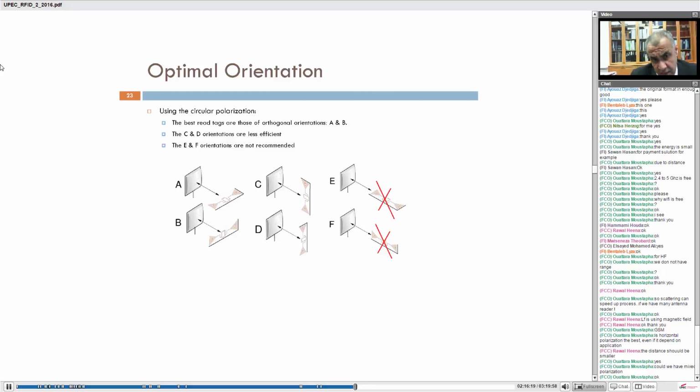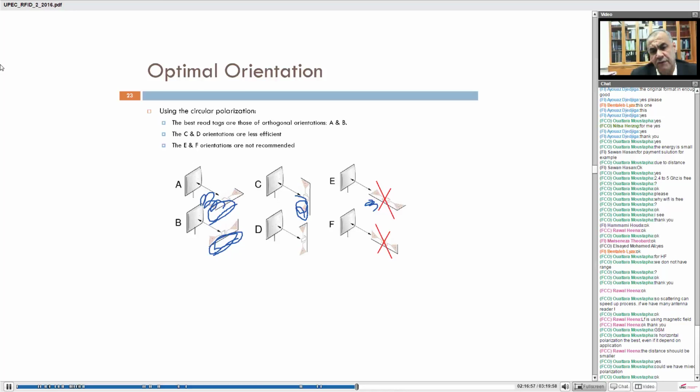Okay, so optimal orientation. If you assume that you have these tags and this antenna, and you are using the circular polarization, the best reading rate can be reached by A and B, because this is circular. You can cover this distance when you are reading, so you can reach the chip and then collect the information.